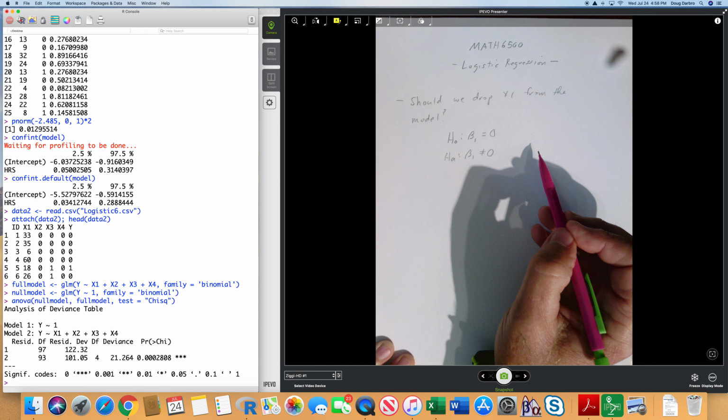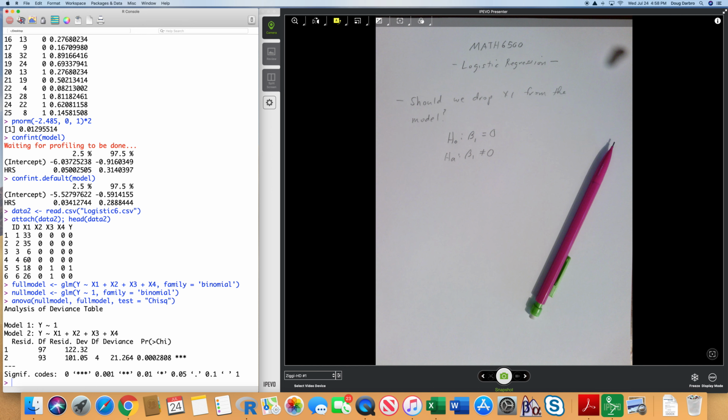So what I would want to do here is create a second model. I'm going to go up and get my full model, but I want to subtract or delete x1, and I'm going to call this full model 2.